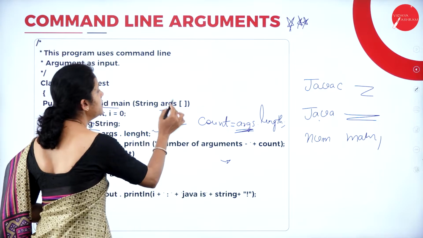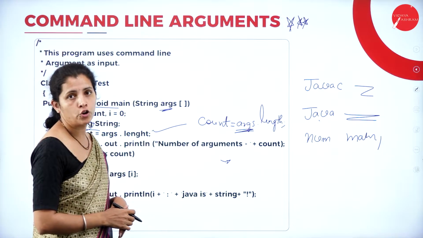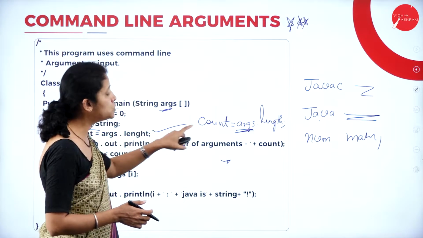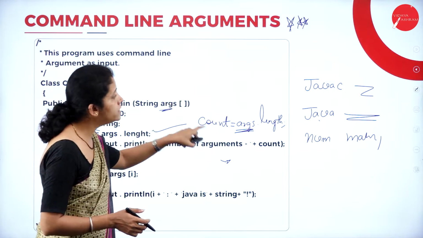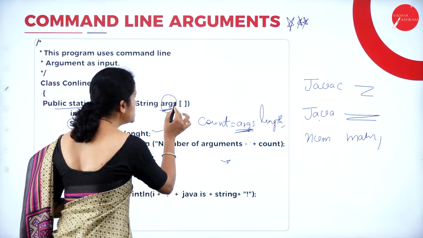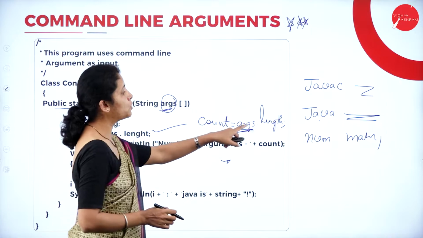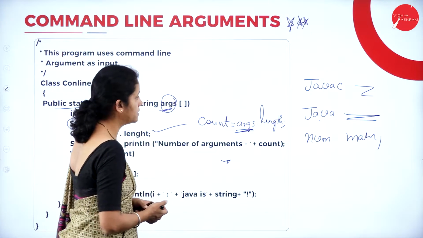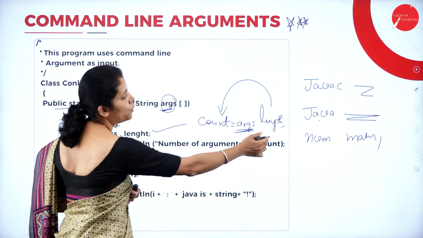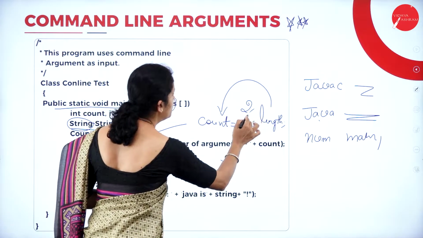It is nothing but the command line argument variable. This is the variable used to receive all the command line arguments. With the help of this variable, I'm going to call the method length, and it's going to return the length. So what's the length? It is 2.